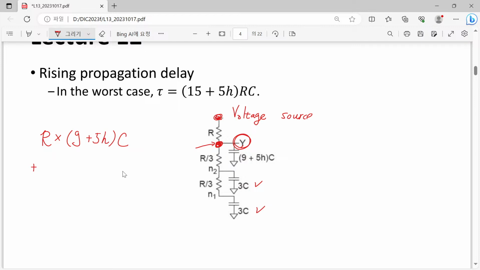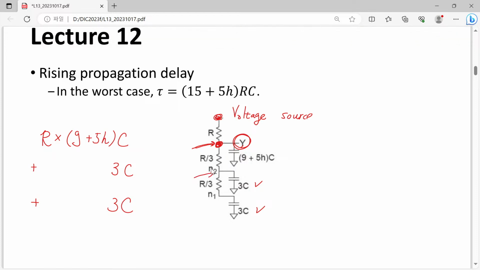We also have to consider the 3C and 3C contributions. However, since this is the output node and this is the leaf node, we have to find the intersection between these two paths. In this case, this is the intersection.